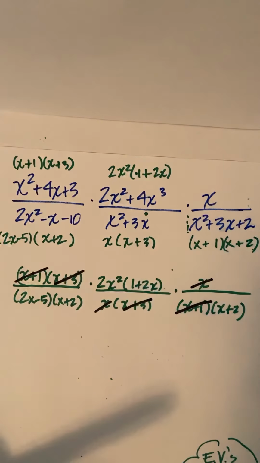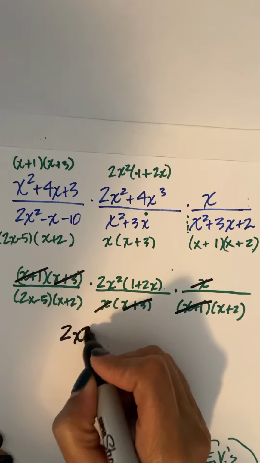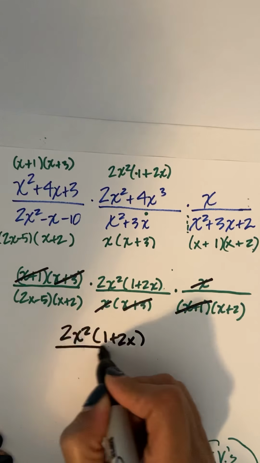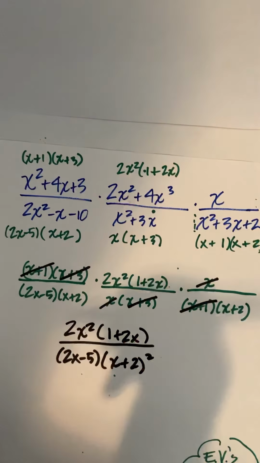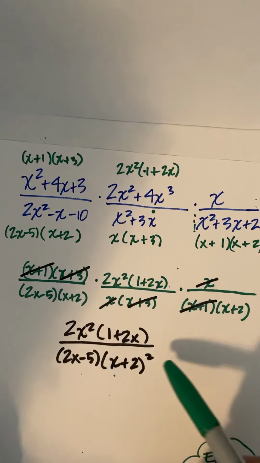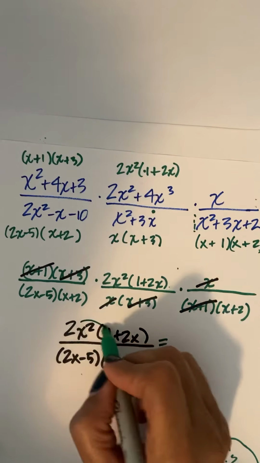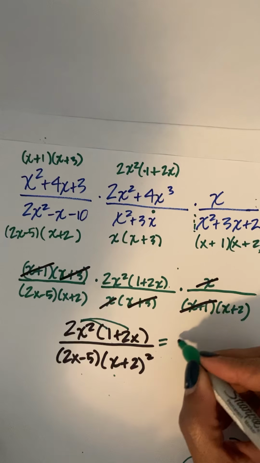So let's consolidate all of that. So I'm going to have 2x squared times 1 plus 2x over 2x minus 5 times x plus 2. Now check this out. Since I have two of these, I wrote it once and I put a square on it. And we could go ahead and distribute this, but typically we leave the bottom in factored form.